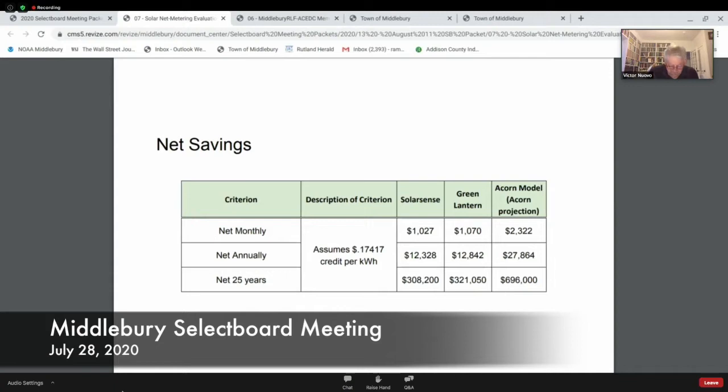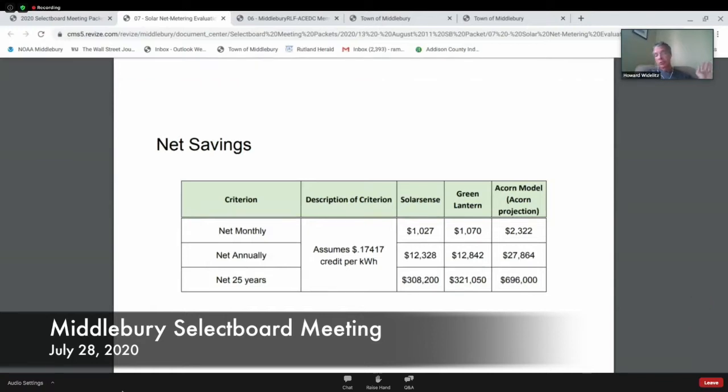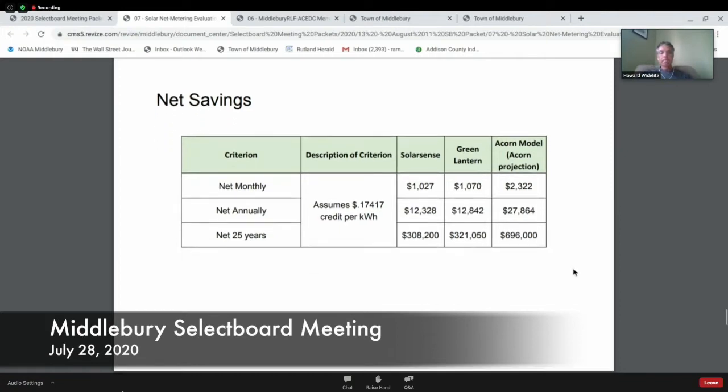As you can see, Acorn provides the greatest net savings. Now, keep in mind, this is factoring in the initial costs, the O&M costs, the bond plus interest. So this is after you take all that into account. This is what we think we would see from the Acorn project. It's a little bit more than twice as much as the others. Okay, next slide, please.